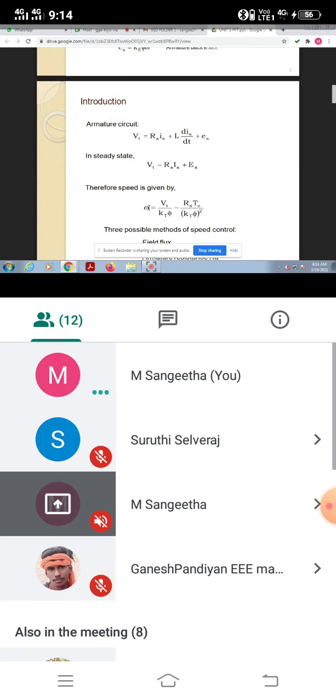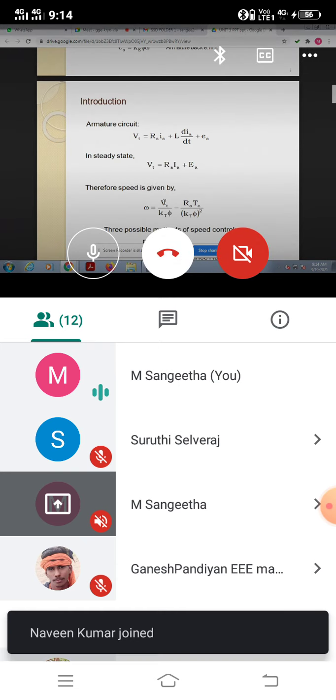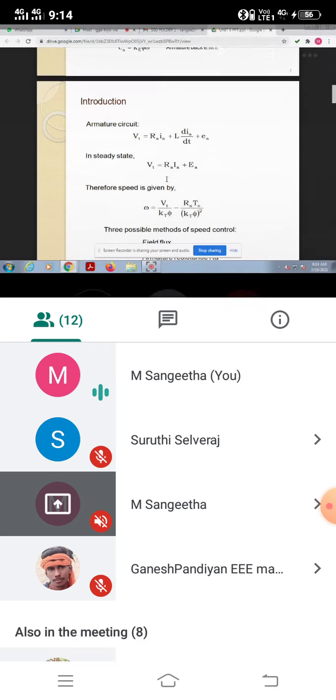Now we calculate the speed. Speed omega equals Vt by Kt phi, where Kt is a mechanical constant, time constant or load constant; it has three different names.